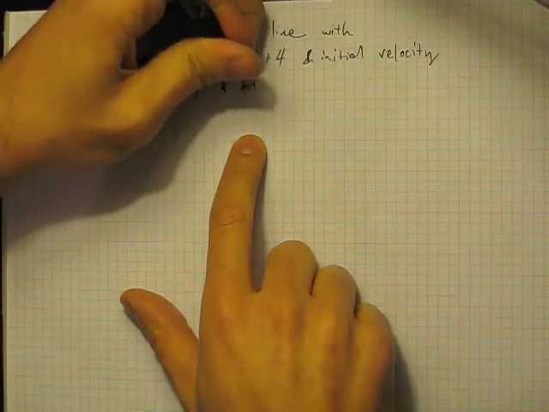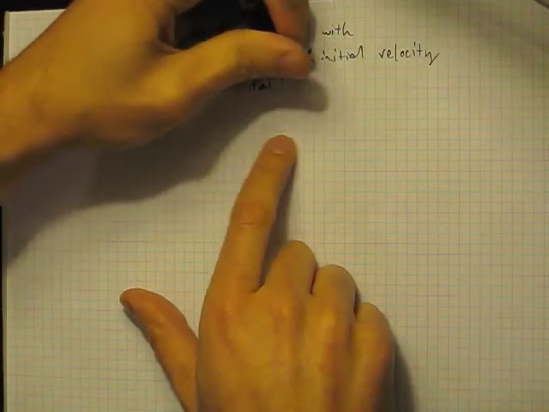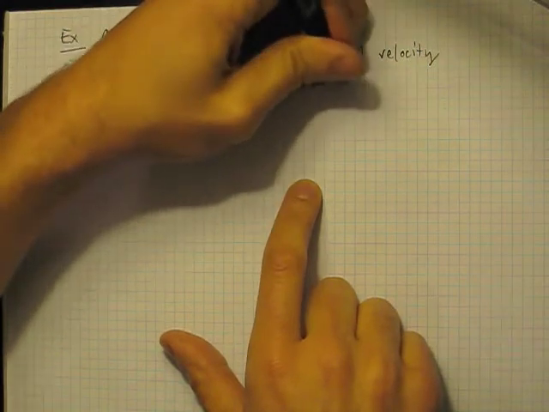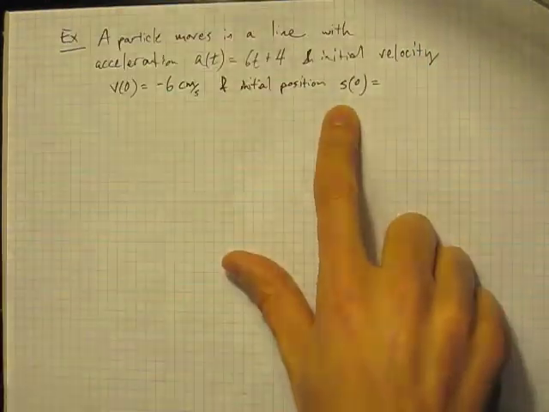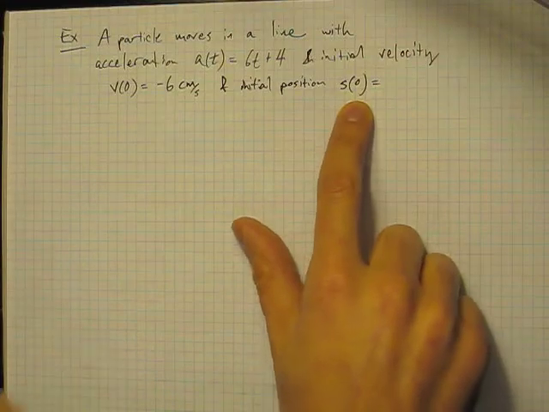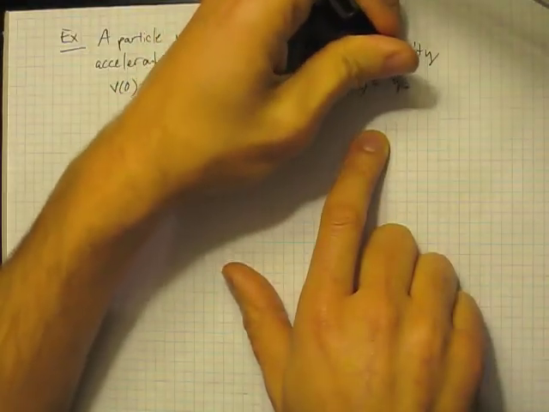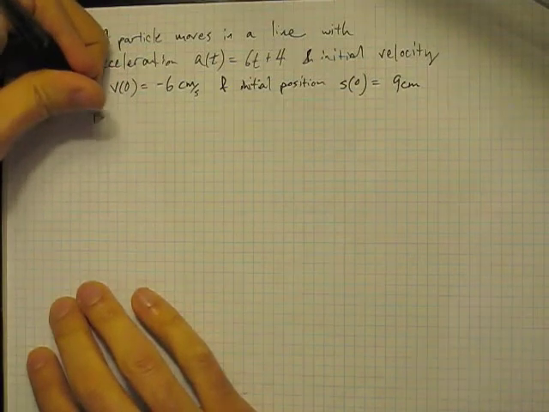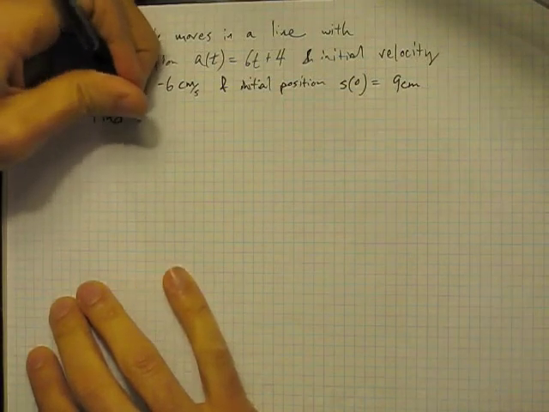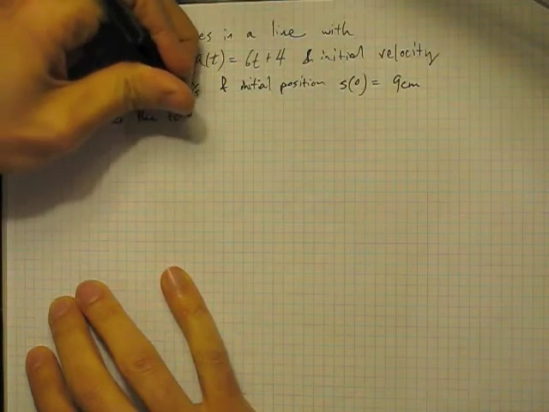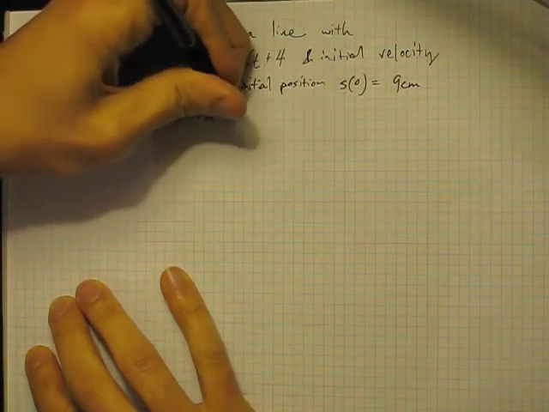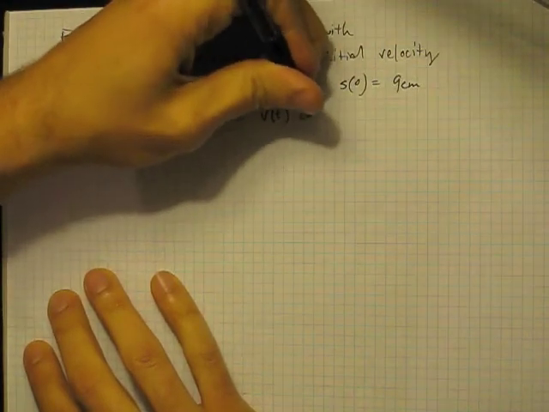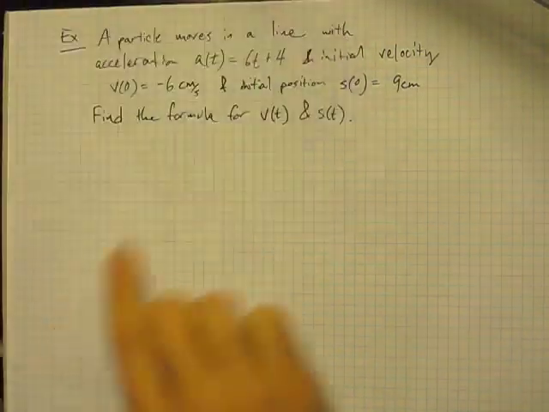And initial displacement, let's say initial position, so that is the position at time 0, let's say 9 centimeters. Okay, so find the formula for, let's say, v of t and s of t. So this is what we want to find.